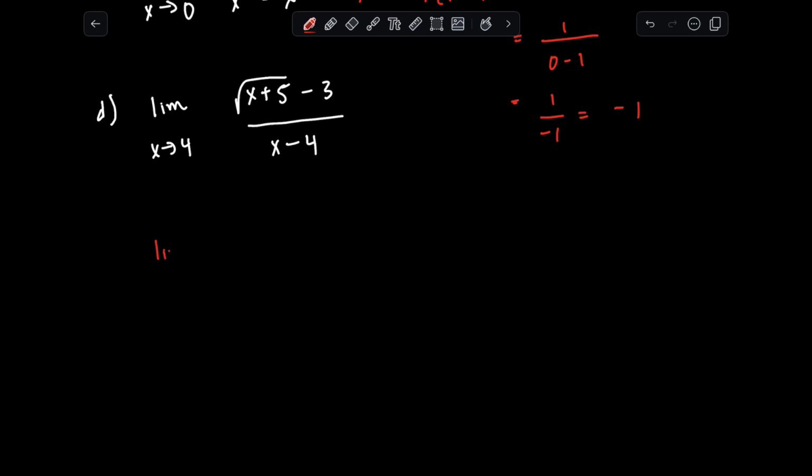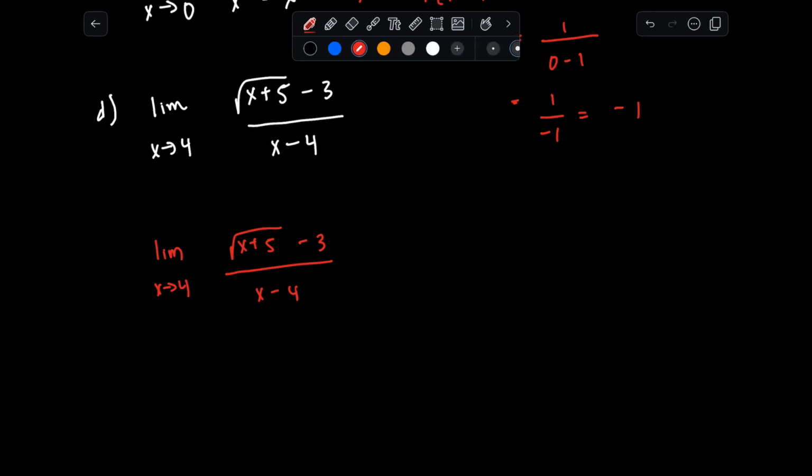We'll have the limit as x approaches 4 of the expression that's given to us, which is the square root of x plus 5, minus 3, over x minus 4. And we can multiply this expression by the conjugate of the numerator. The conjugate of the numerator is just the square root of x plus 5, plus 3.